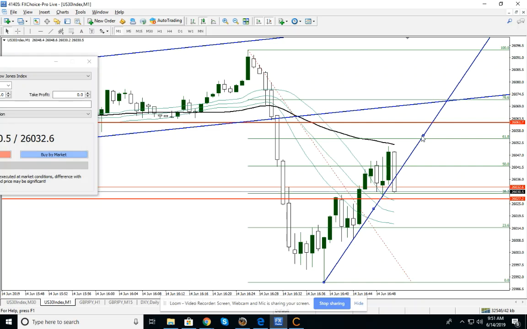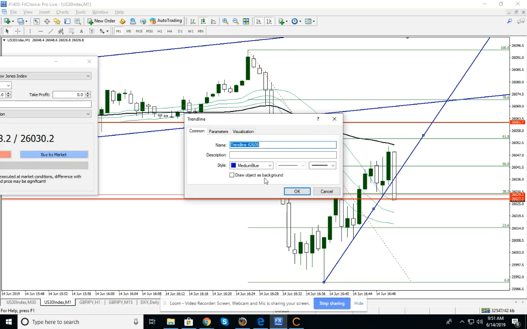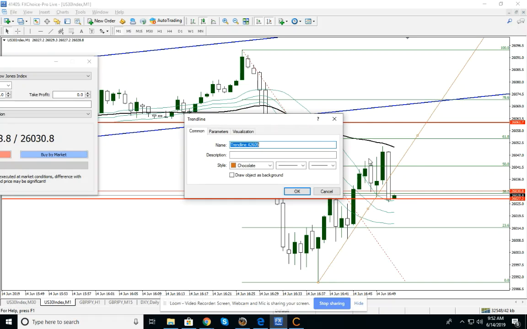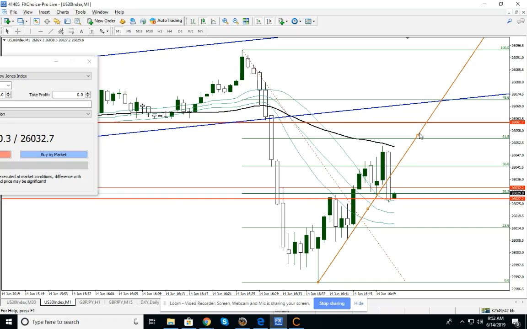Just a little something to see how the price reacts. Let's make it a little thinner. I don't know if you could see that actually. Okay, so look at that. Yeah, we could call it a micro trend line.